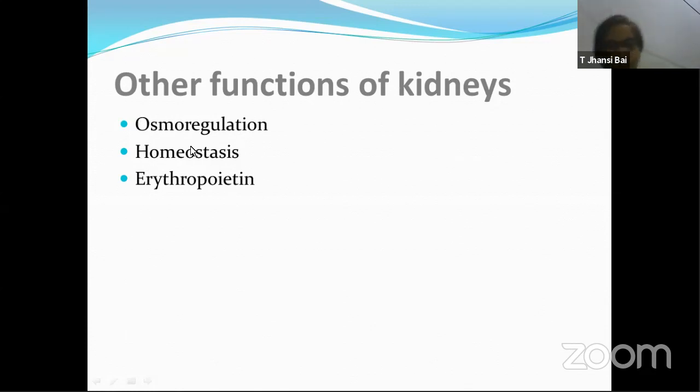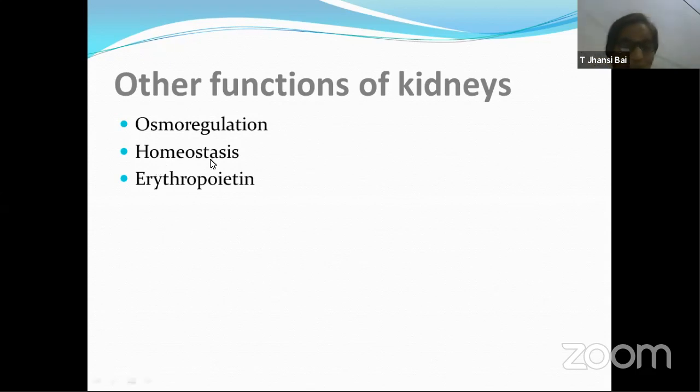Similarly, there is something called homeostasis. We have already learned what homeostasis is, but I did not tell you that it is homeostasis. Homeostasis is the process where the ionic composition of blood is maintained. That means whatever the pH of the blood, whatever ions or solute particles should be present in the blood, the concentration is maintained. And because of that, unwanted things are sent out of the blood through the tubular secretion process we have learned.